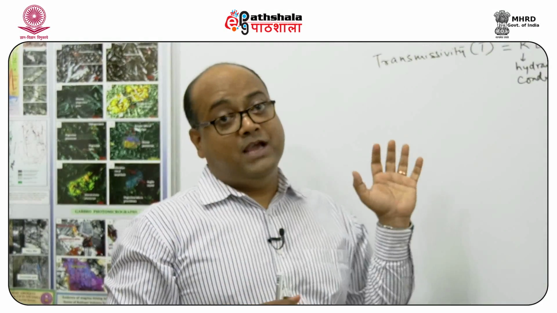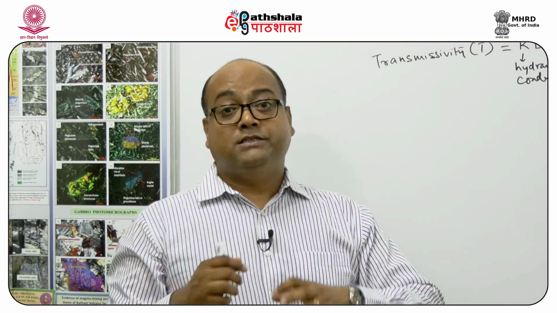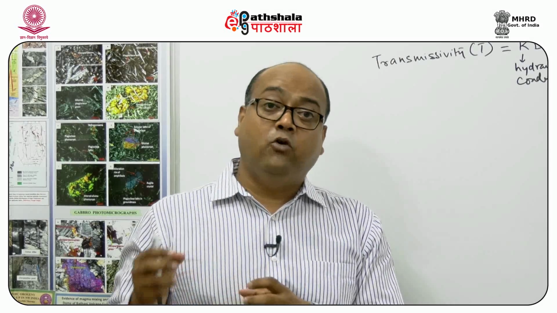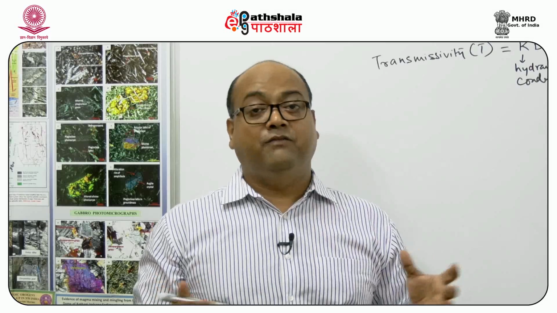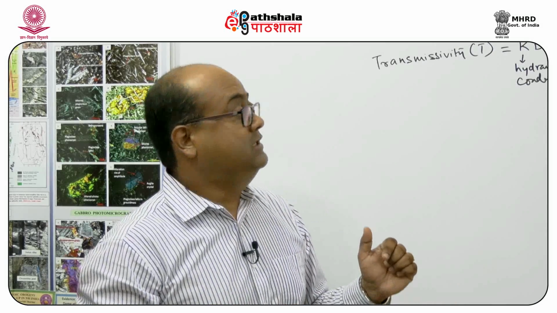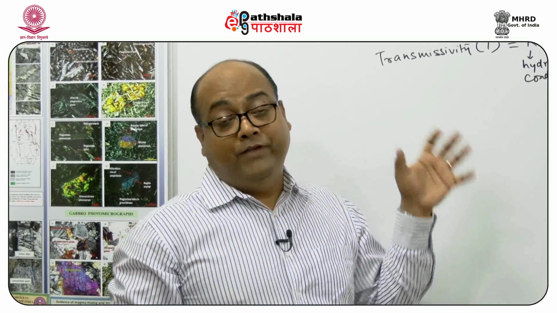Remember, we are dealing with a saturated porous matrix in which water is stored within the pores, and the flow is also along the pores, so it depends on the interconnectivity of the pores and other different parameters. So these are two key properties which are very much required for any kind of hydrogeologic investigation.